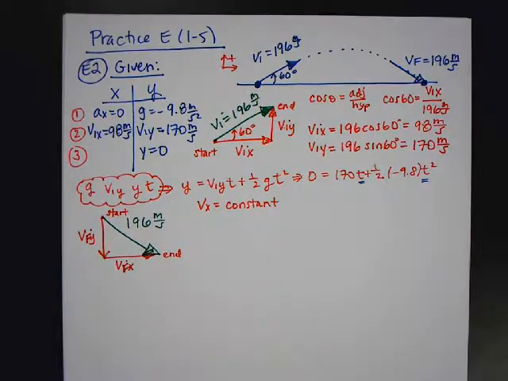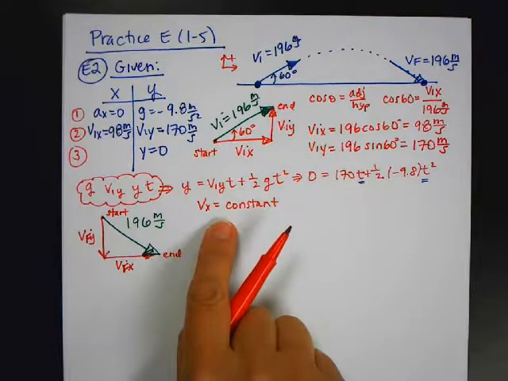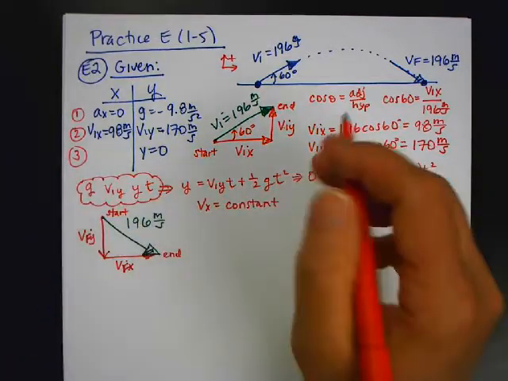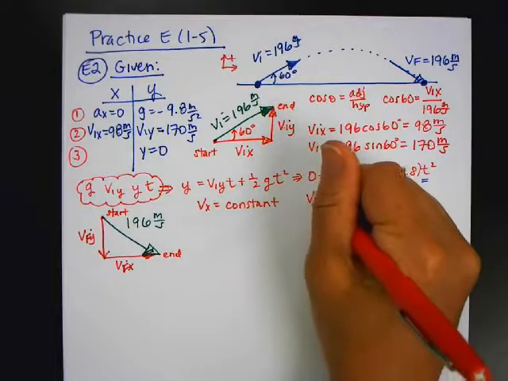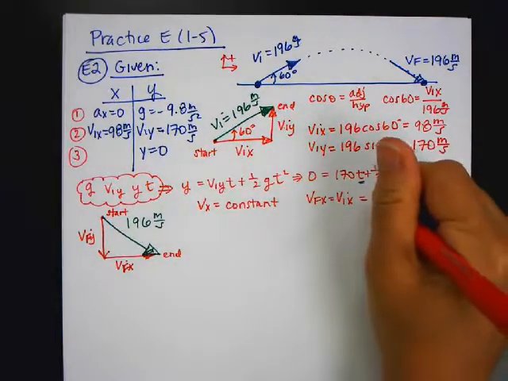Now we learned before that the horizontal component of the velocity is constant. Remember I showed you that with the equations? So I know that VFX is equal to VIX, which would be 98.